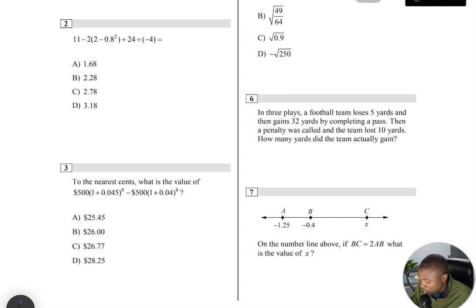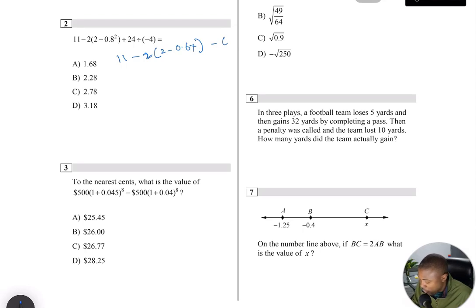So now what are we going to do here? This is 11 minus 2 parenthesis. So this is 2 minus 0.64. So I'm done with the square, right? Then I'm going to minus 6. Based on division, I've done my division. So that's -6.